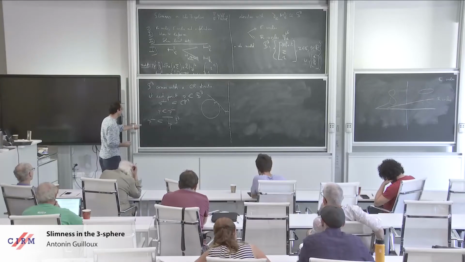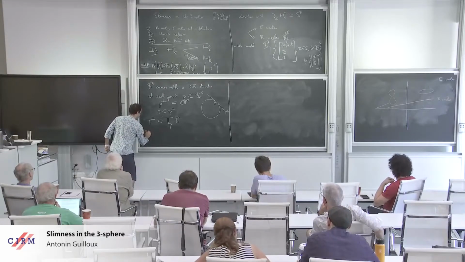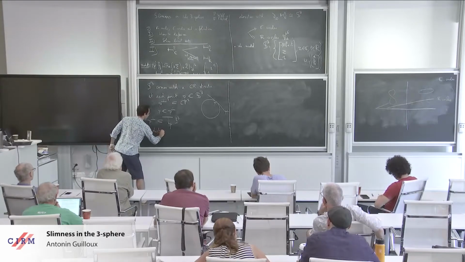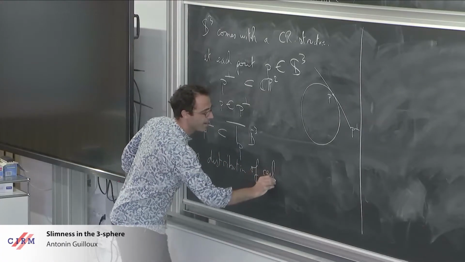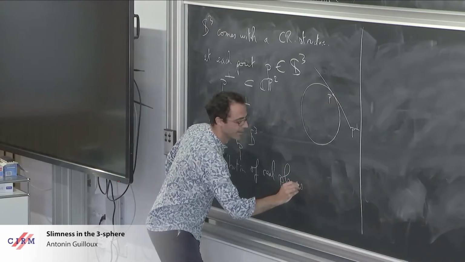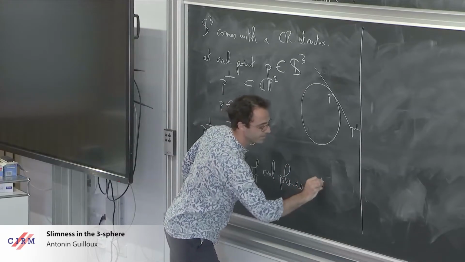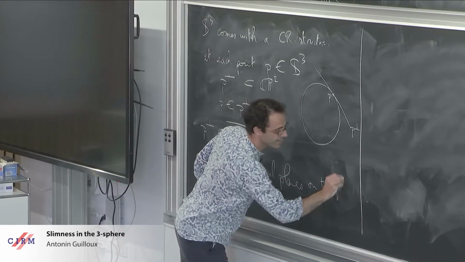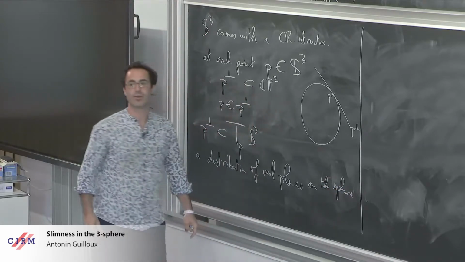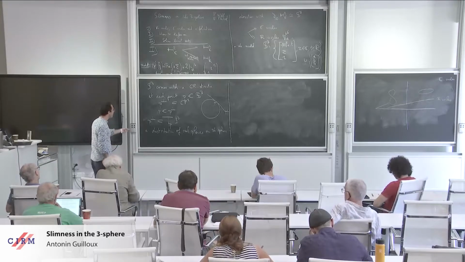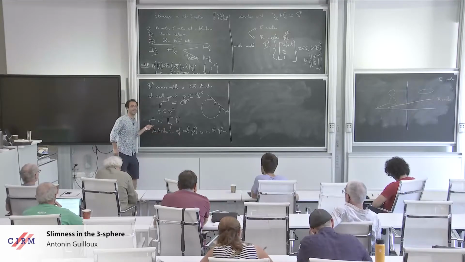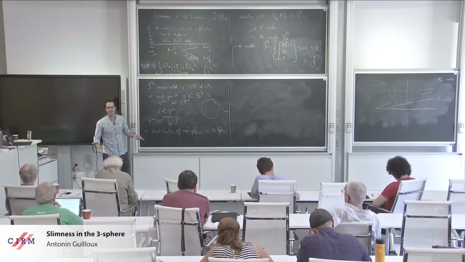So this gives you a distribution of real planes on the sphere in the tangent bundle of the sphere. So it is a contact structure. And it is more than real planes. Those are complex lines. So this is a CR structure.